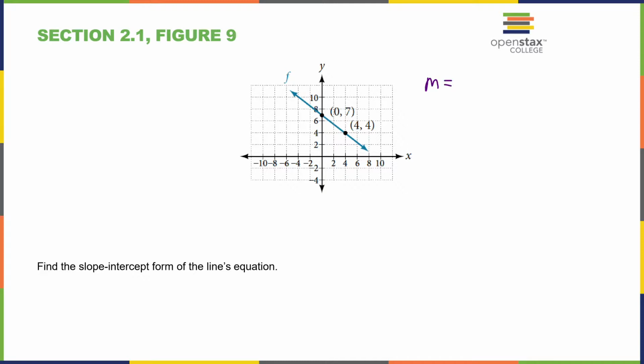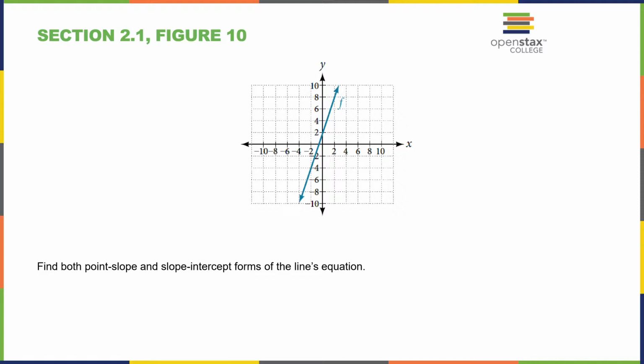So m equals y2 minus y1 over x2 minus x1 comes out to be -3 over 4. I can also see that my y-intercept is at the point 0, 7. So that means b equals 7. So the slope-intercept form of this equation is y equals -3/4 x plus 7.